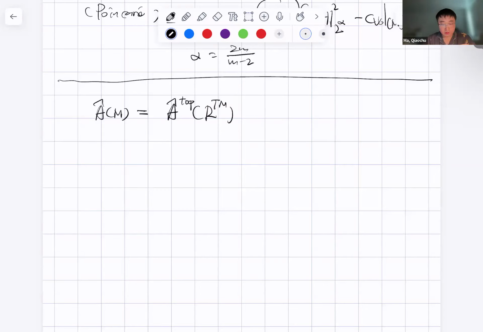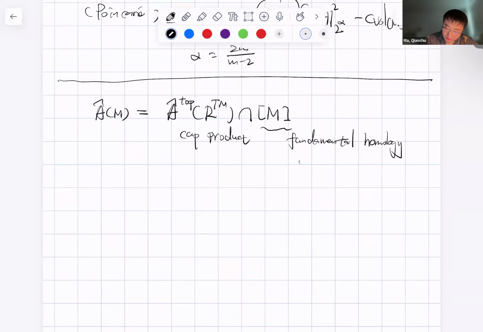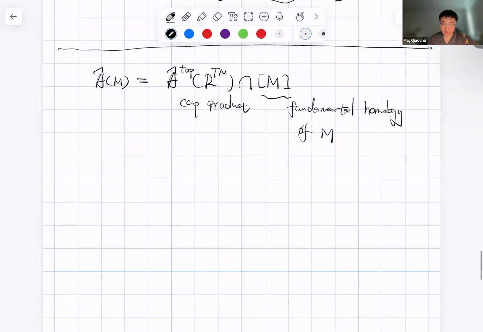The integration of this class is topologically the cap product with the fundamental homology class of M. This fundamental homology class is in the top homology of M, so the cap product is a number.